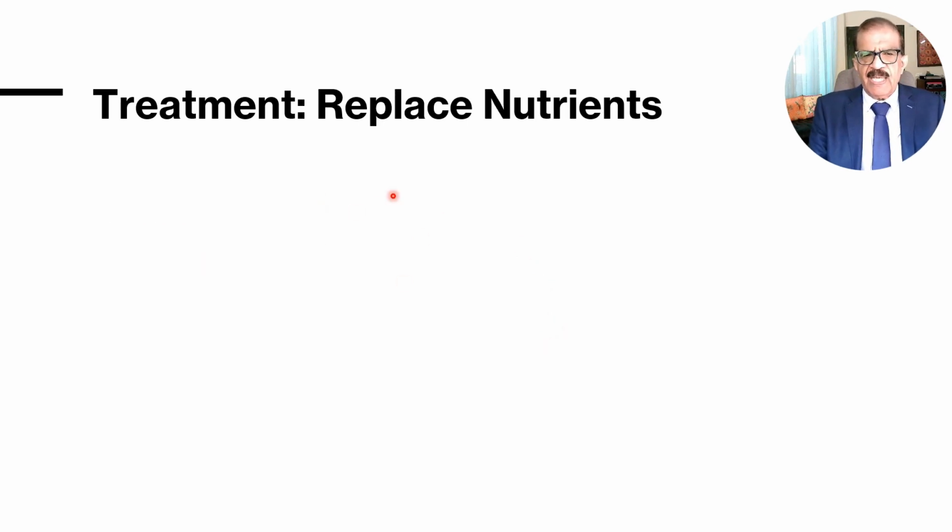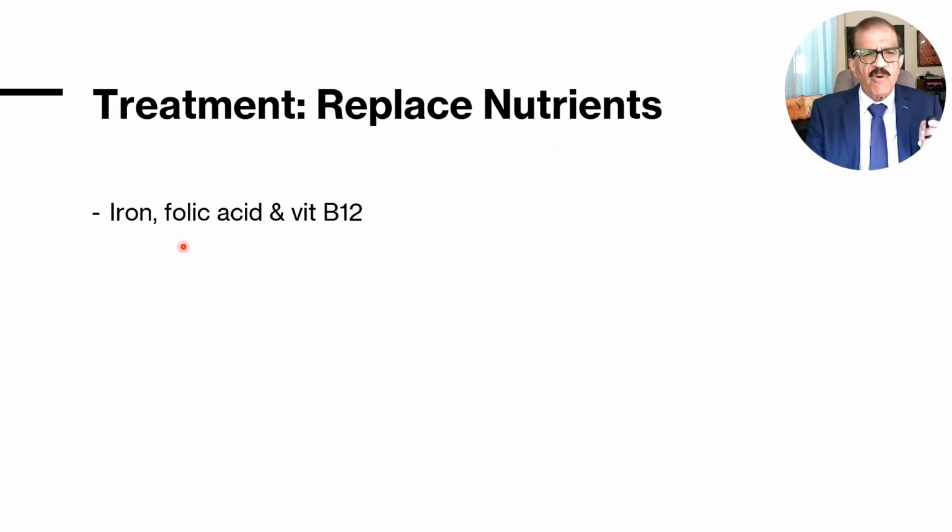Once you have replaced gluten-containing grains with non-gluten grains, the patient should start improving, but you should also correct the nutritional deficiencies. Whatever nutrient the patient is deficient in should be replaced. For example, iron, folic acid, and vitamin B12 come in combo pills also, but they can be replaced separately too.